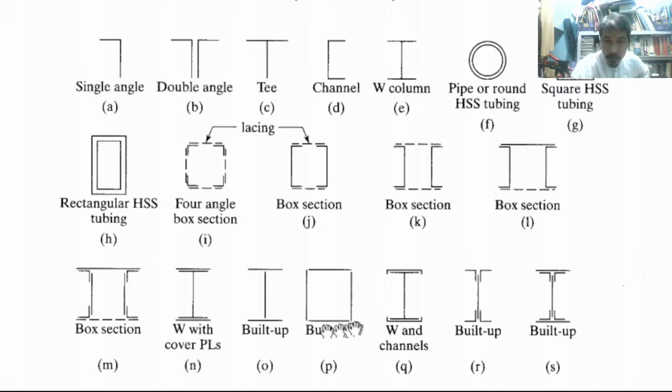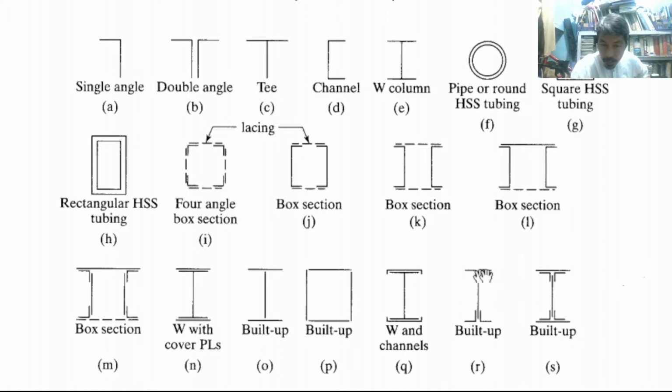Built-up section, W channels, meaning we have a W and then attach a C channel on the upper flanges and on the lower flanges. That's why it's called W and channels. Another built-up section looks like an I-beam, but you have to use 4 angles, 1, 2, 3, 4.